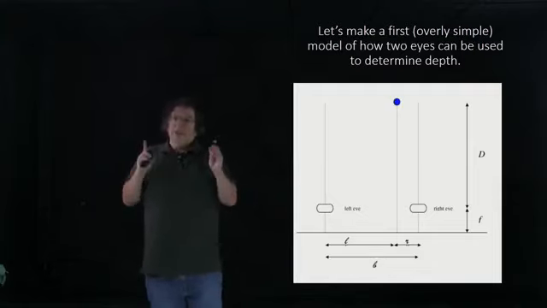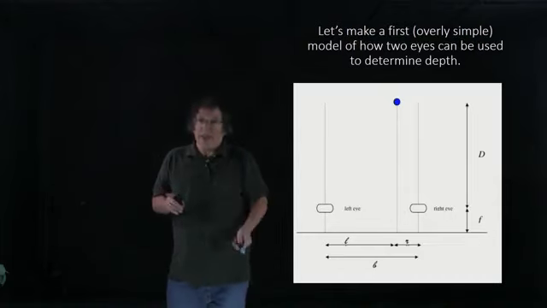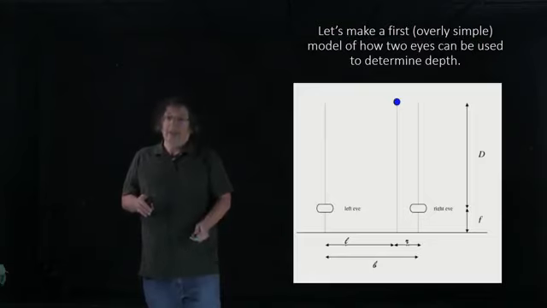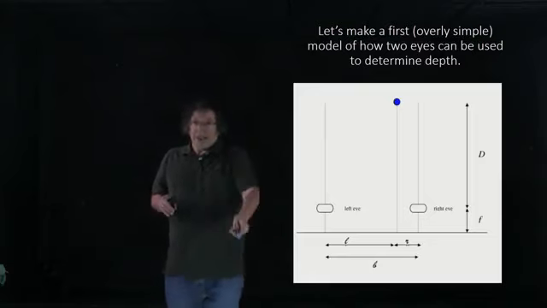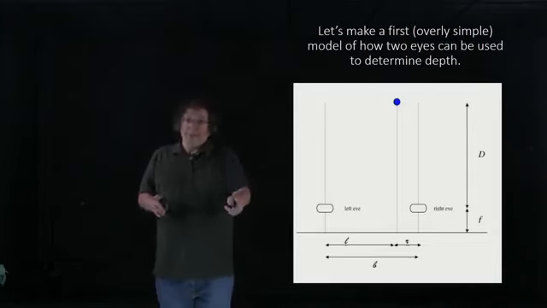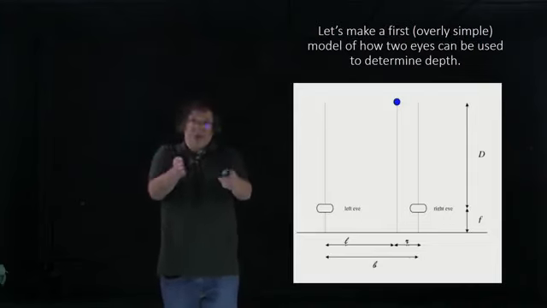Now, a few more labels here. If you were to draw a line directly from the blue point, perpendicular to the retinal plane, you see that line drawn in the diagram. It would intersect the retina at a particular point, which in this diagram is between the two eyes.